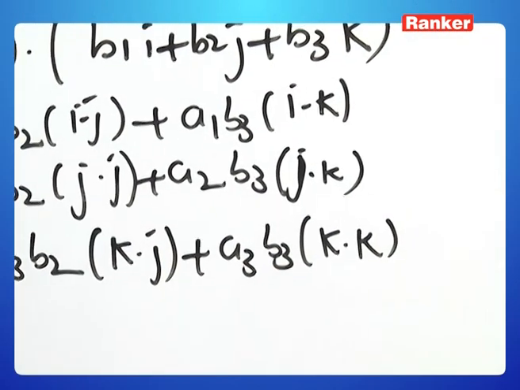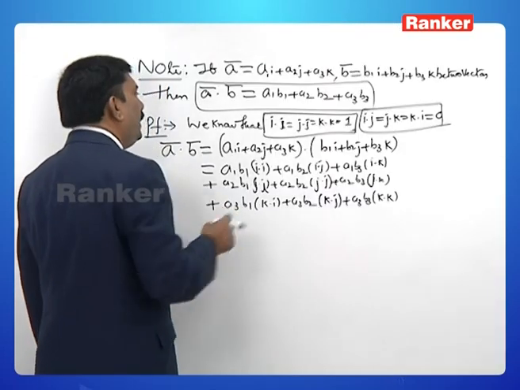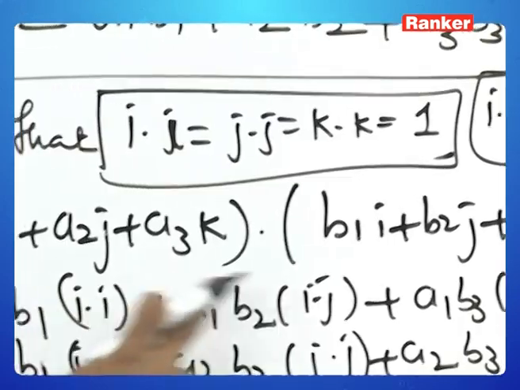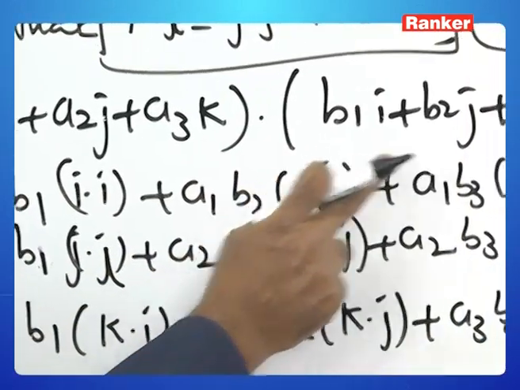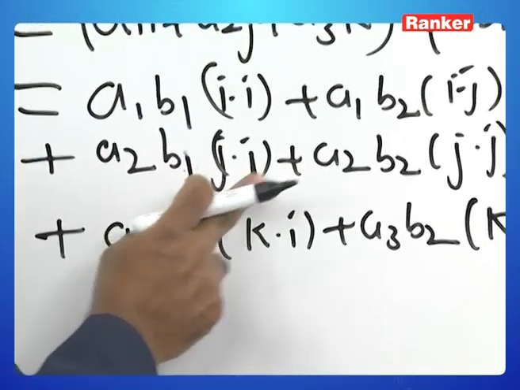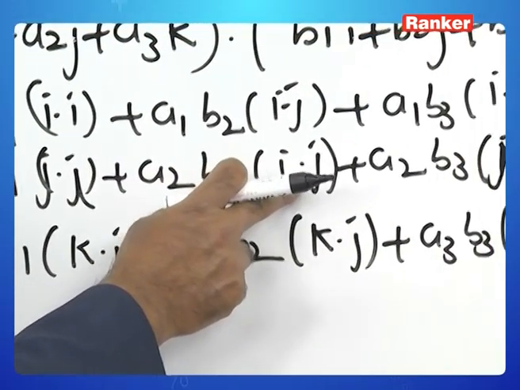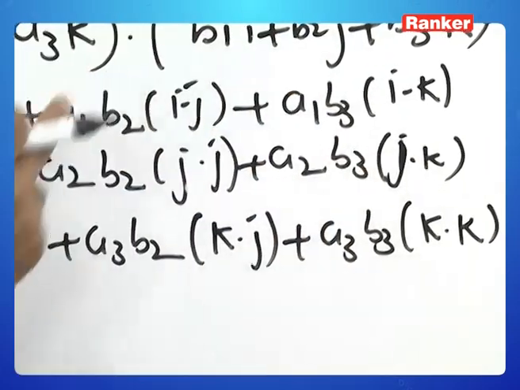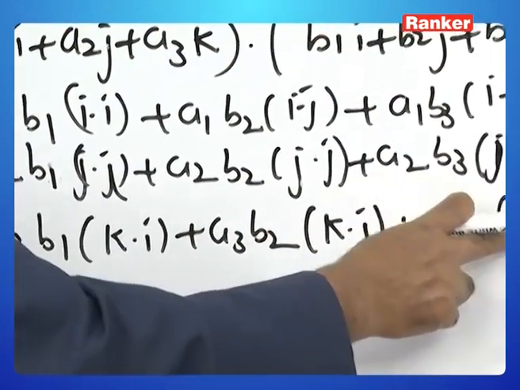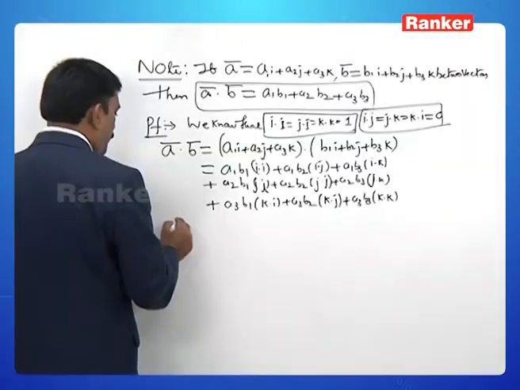k dot k. By using this, i dot i is 1, i dot j is 0, i dot k is 0, j dot i is 0, j dot j is 1, j dot k is 0, k dot i is 0, k dot j is 0, k dot k is 1.